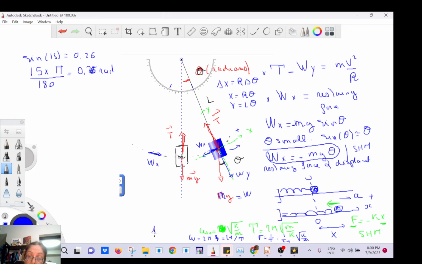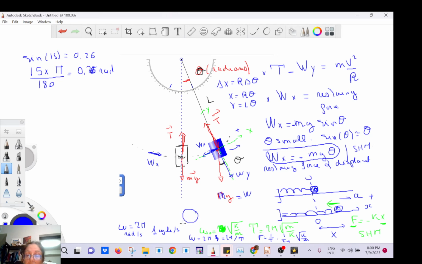So for example, if you have 1 cycle per second, you go around in 1 second, so omega will be just 2 pi rad per second.